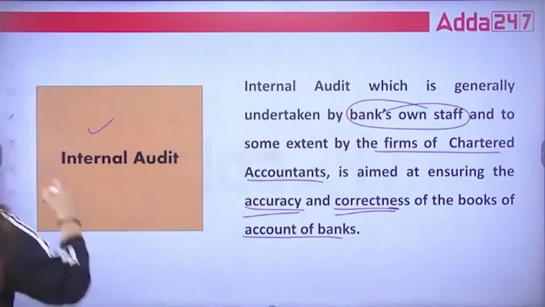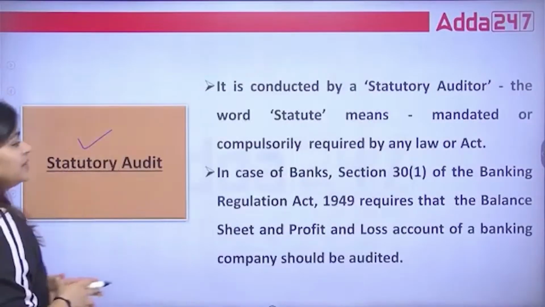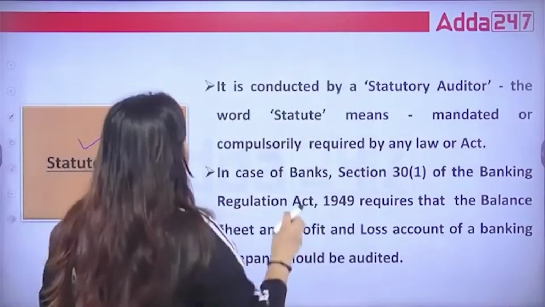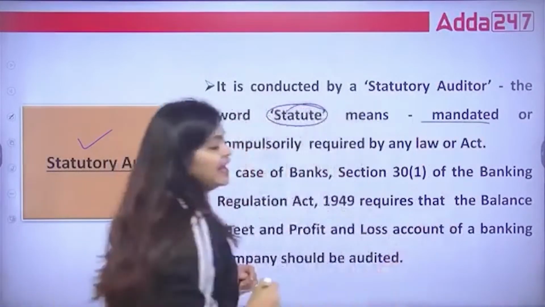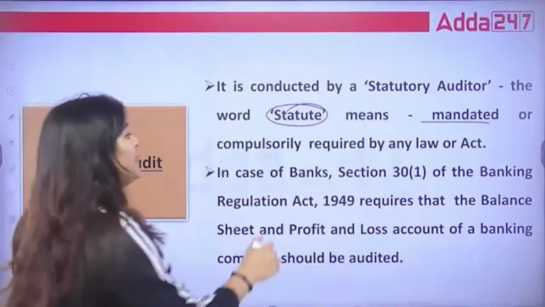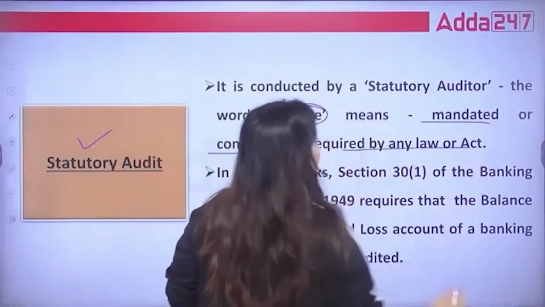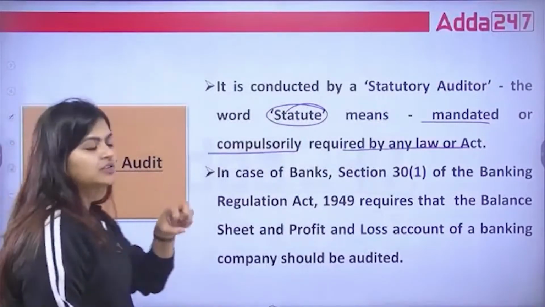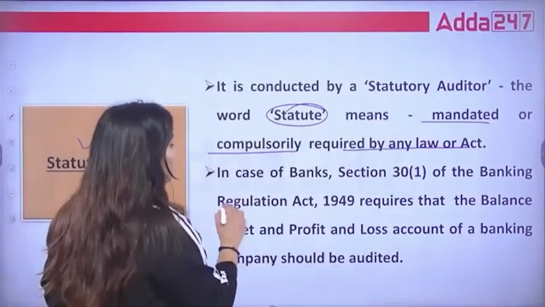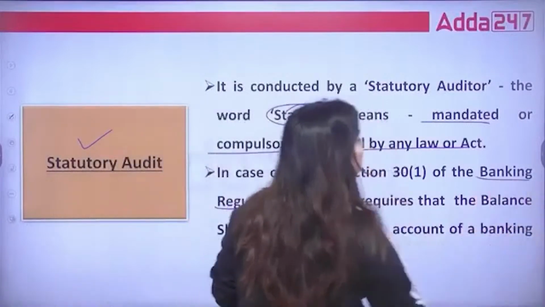Now, third one is your stat audit, that is your statutory audit. Here you can see statute means what? Mandate. Yes, mandatory or compulsory, required by any law or act. Now, when we talk about banks, we have the Banking Regulation Act 1949.